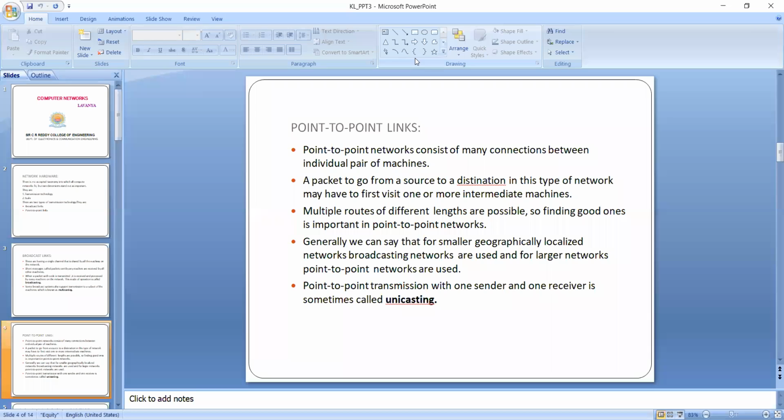Even though there is a single channel and a message sent by a machine is shared with all machines on that network, sometimes it is possible to send that message only to a particular subset of machines. That is known as multicasting. In point-to-point links, even though there are many connections, sometimes there is only one sender and only one receiver. That is known as unicasting.